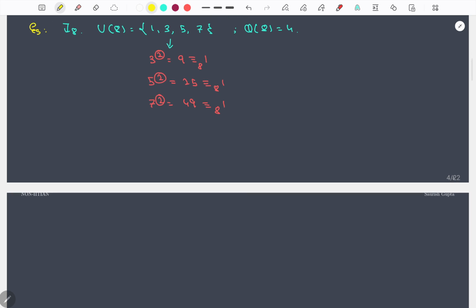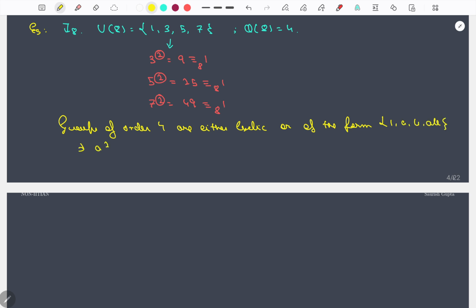There are only 2 groups of order 4 up to isomorphism. All other possible groups of order 4 will be one of these groups. So groups of order 4 are either cyclic or of the form 1, a, b and ab, such that a squared equals b squared equals ab squared equals 1.